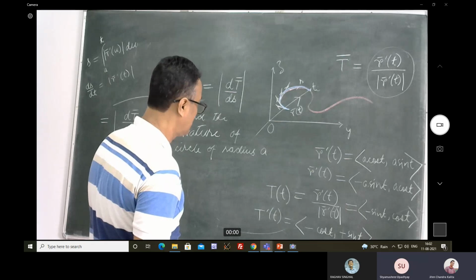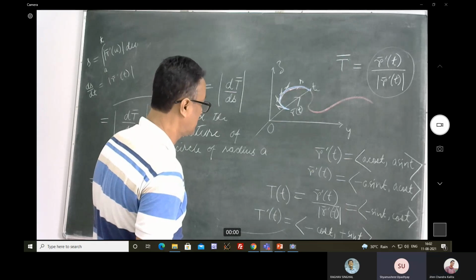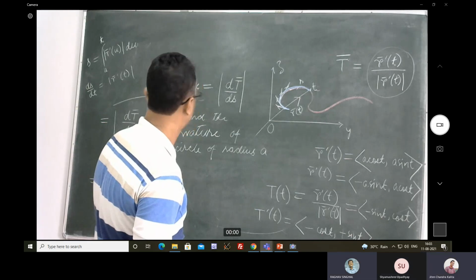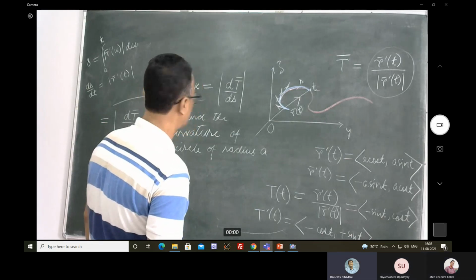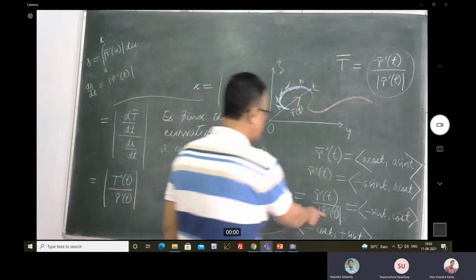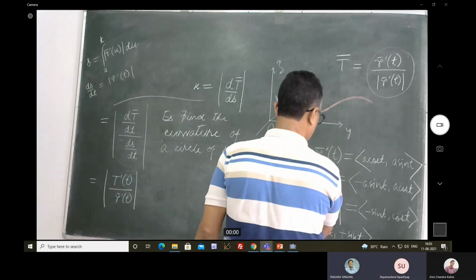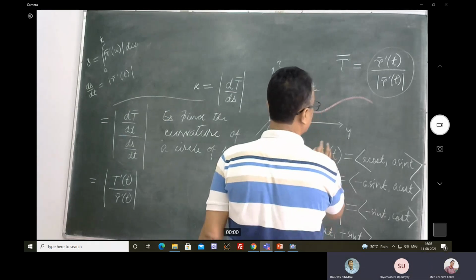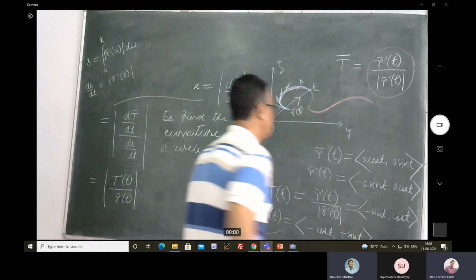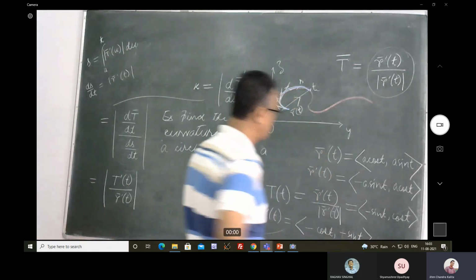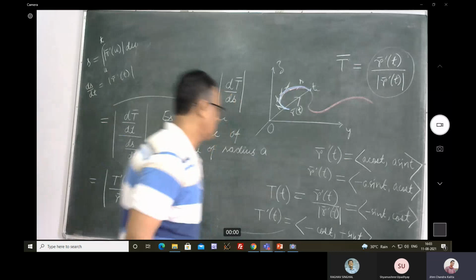Yes, you have written r prime t both times on the board. In the first line, it will be r(t). Oh, this is r(t). Thank you, sorry. This is r(t).